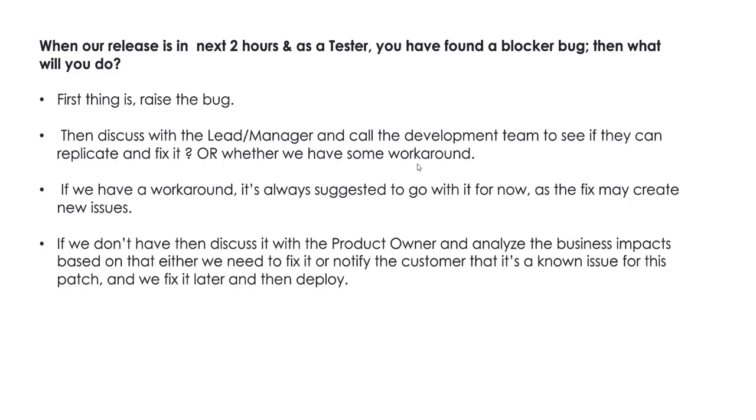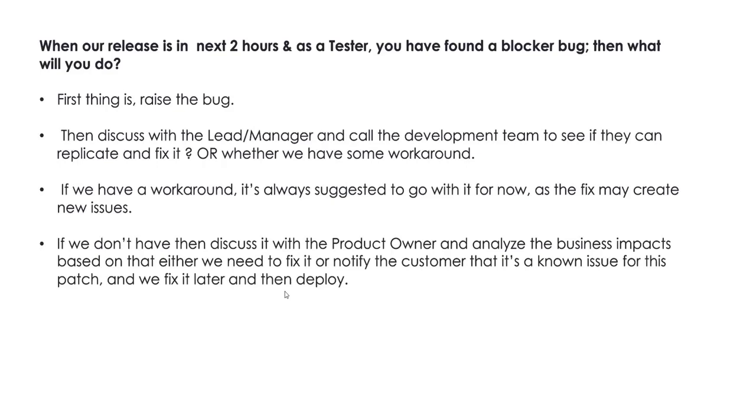If we don't have a workaround, discuss with the product owner and analyze the business impact, based on which we either fix it, or notify the customer of a known issue for the patch, fix it later and then deploy. This completely depends on the severity of the defect.